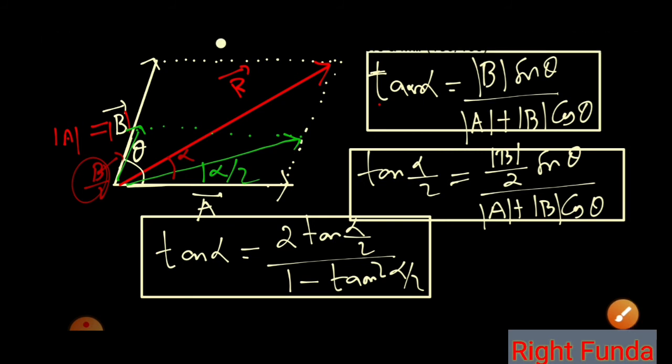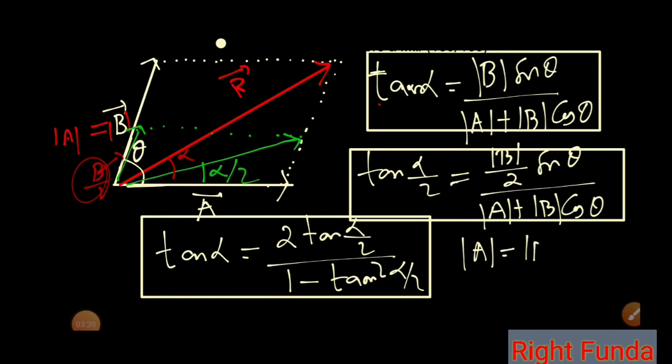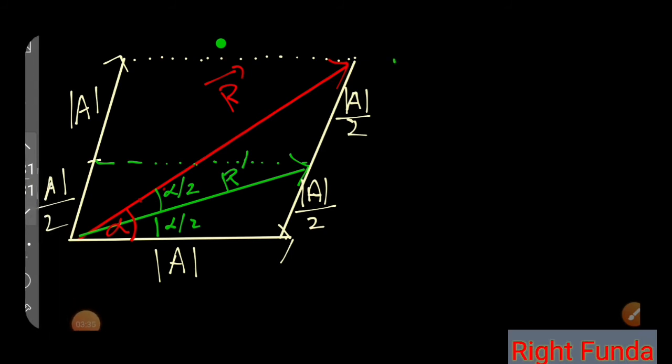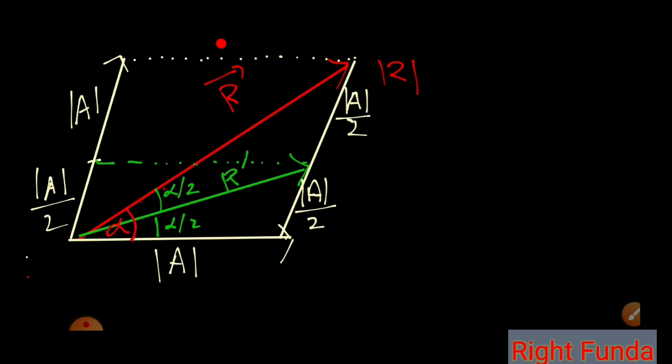Here again we substitute mod A equal to mod B. We know the resultant of these two equal vectors A and B, whose magnitudes are the same, is given by R. So the magnitude of R can be written as under root of A square plus A square plus 2AA cos theta, where theta is what we need to calculate.